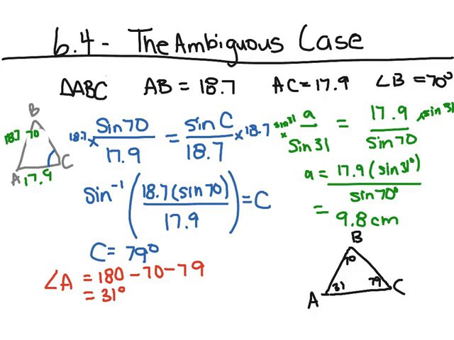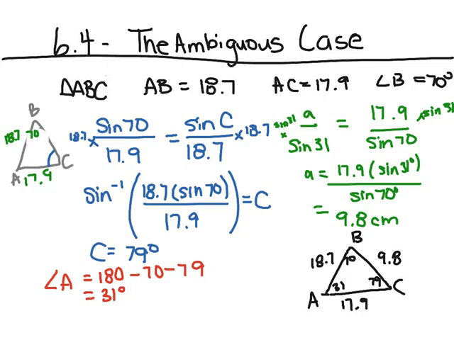Our B side is 17.9, our C side is 18.7, and our A side is 9.8. So we have one triangle that's solved. We want to also find the second triangle.